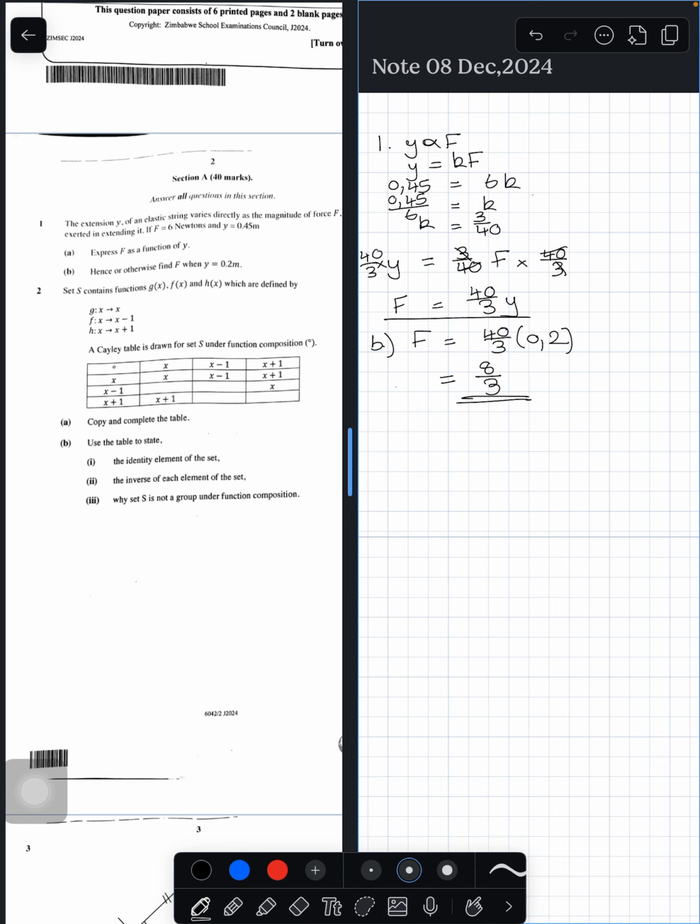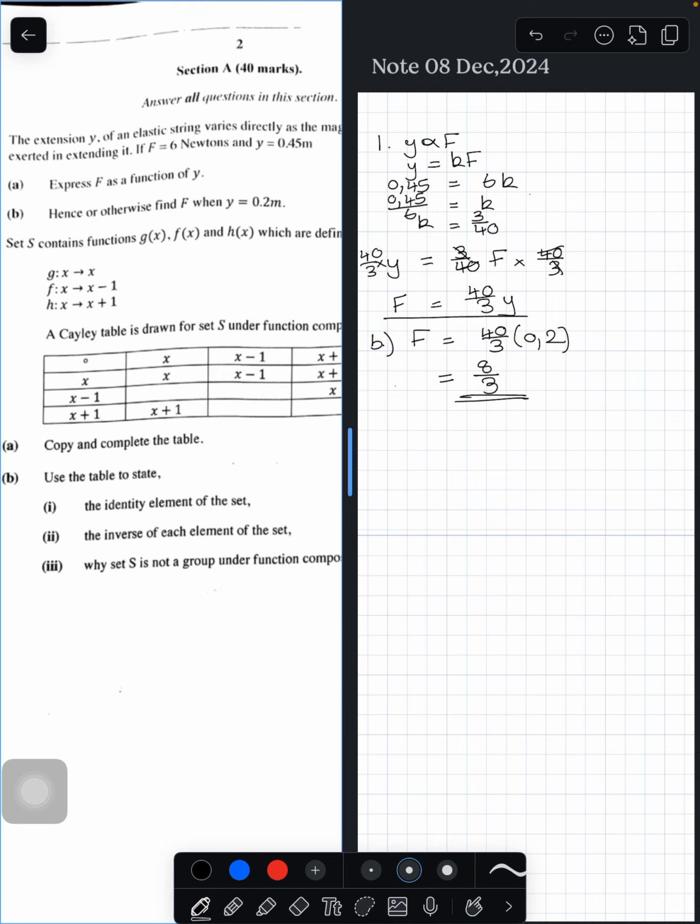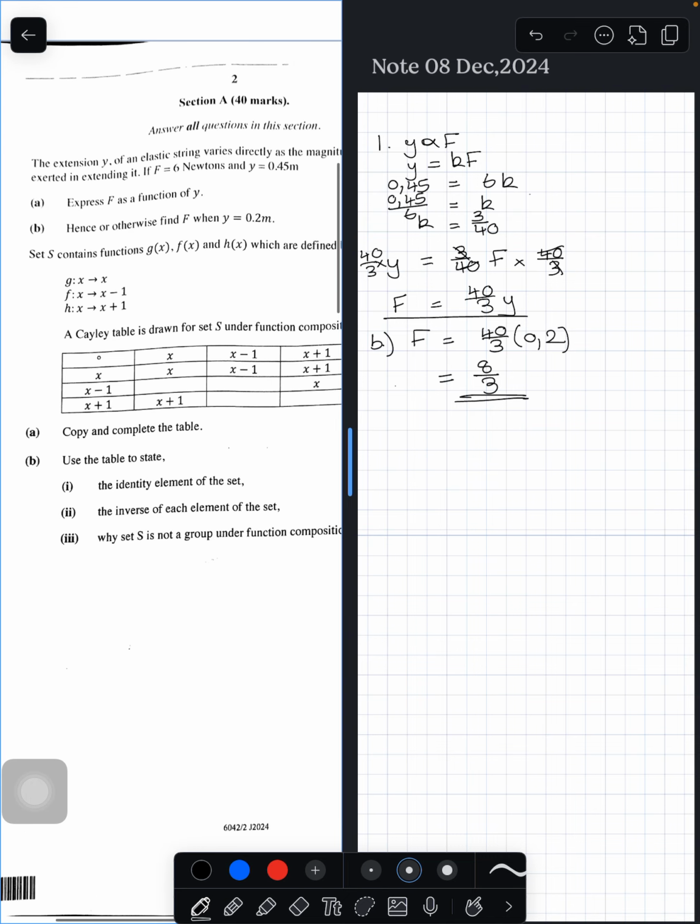Right, the second question, we're going to solve it on the PDF itself. What does it say? It says that we're supposed to copy and complete.